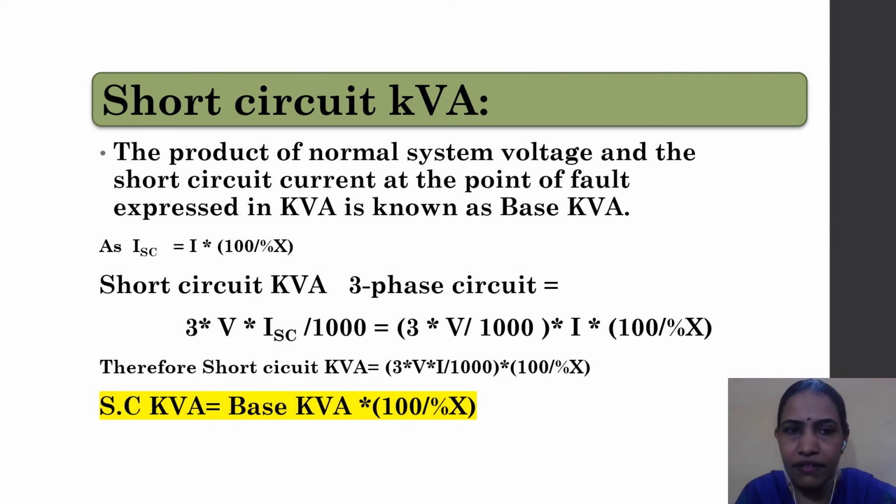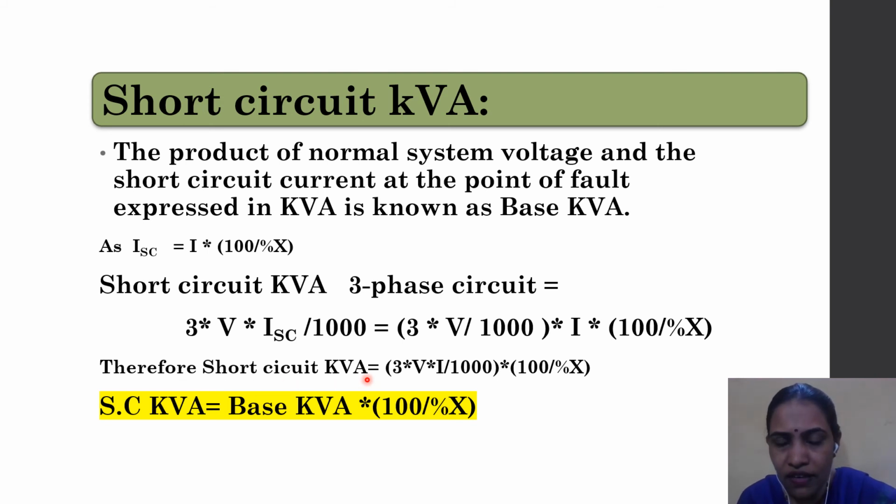Now, short circuit kVA. During a fault, how to calculate short circuit kVA? After calculating short circuit current, the next step is calculating short circuit kVA or short circuit MVA. So how to calculate it? The product of normal system voltage and short circuit current at the point of fault, expressed in kVA, is known as short circuit kVA. As you know, ISC is equal to I into 100 divided by percentage X. So short circuit kVA in a three-phase system is equal to 3 into V into ISC divided by 1000.